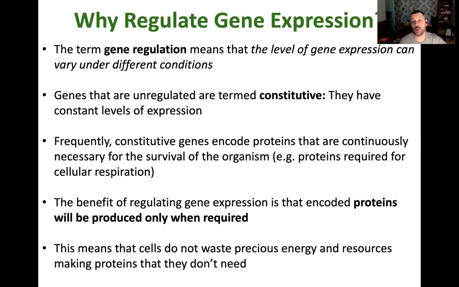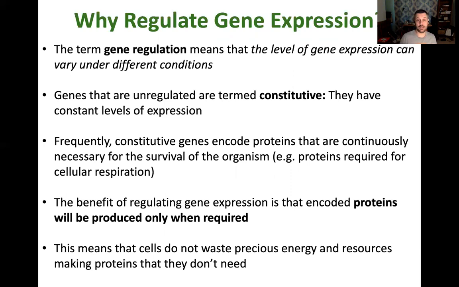Some genes are called constitutive. These genes have constant levels of expression, so that protein from these genes are made continuously all the time at roughly the same level. As you might expect, this includes a lot of what we would call housekeeping genes.